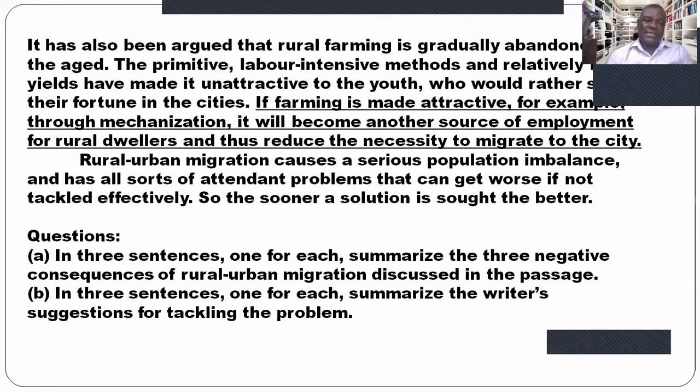So you write A here and you say the 3 negative consequences of rural-urban migration discussed in the passage are, you put a colon. In the next line, you write I, and then you write the majority of the cities are overcrowded because of migrants, all right?